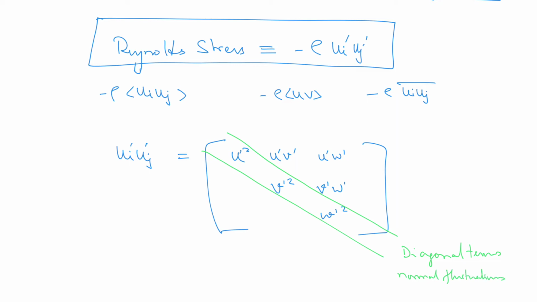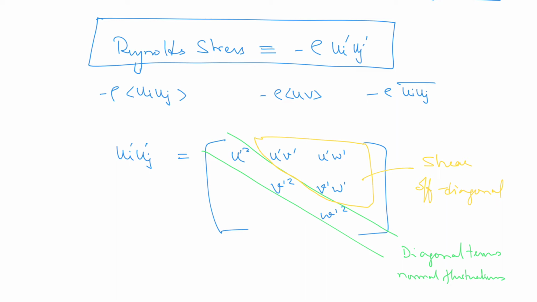Then you have the off diagonal terms. These off diagonal terms will always represent shear. So you have both components in the given tensor.